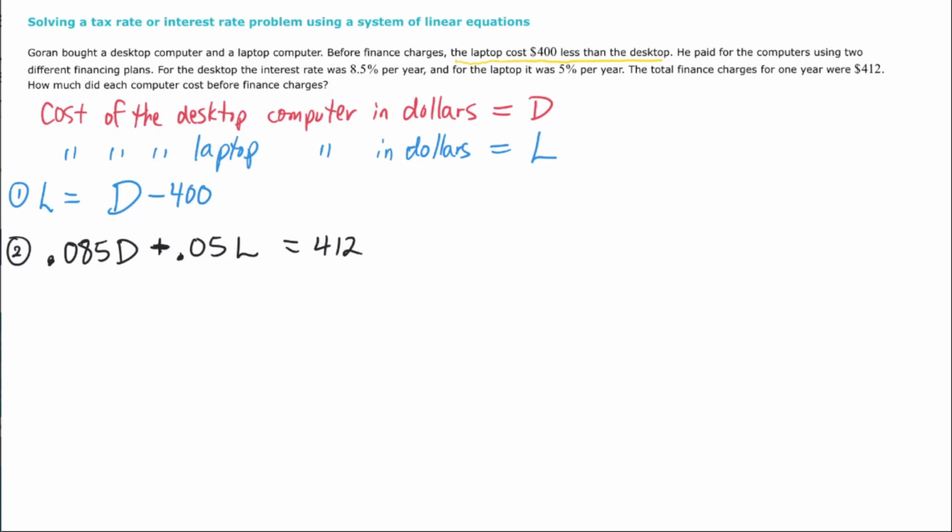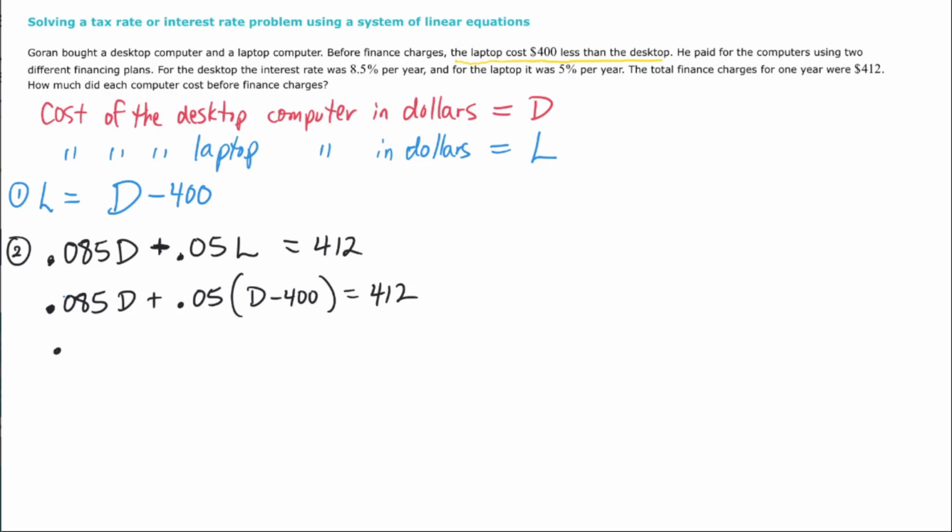Let's take the L from equation 1 and substitute it in equation 2. And so wherever you see an L, you're going to put parentheses, D minus 400, is equal to 412. Now this equation only has the letter D in it. In other words, only the cost of the desktop.